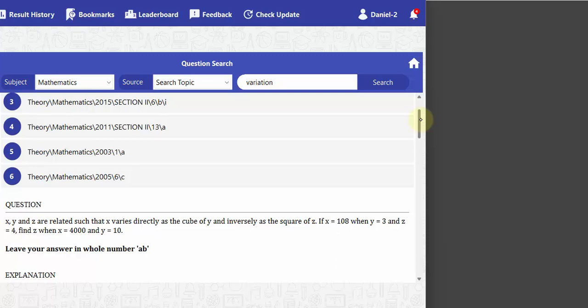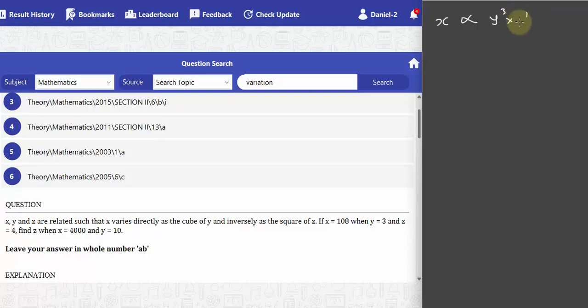So let's interpret this. What this means is x varies directly as the cube. Directly is how you express it, and the cube is raised to power 3, the cube of y, and "and" means times, inversely as the square of z.